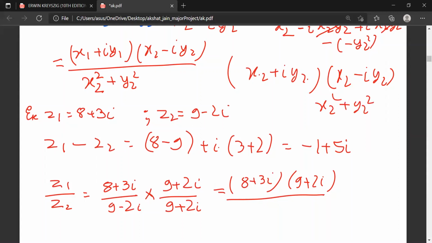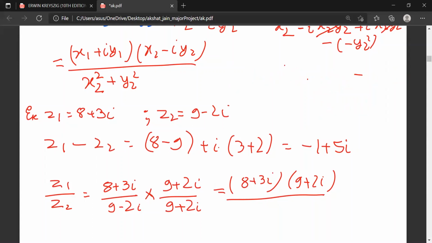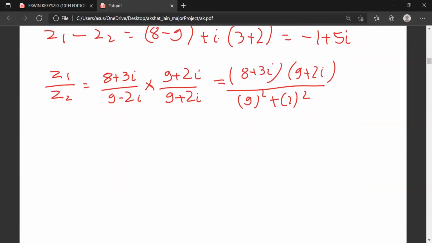Similarly here we get 9 square plus 2 square. Let's multiply the above two terms. After multiplying, we get 66 plus 43 iota divided by 81 plus 4, which equals 66 plus 43 iota divided by 85.